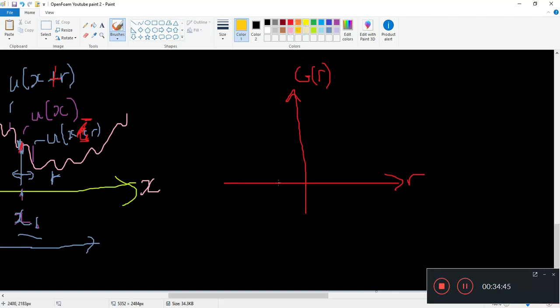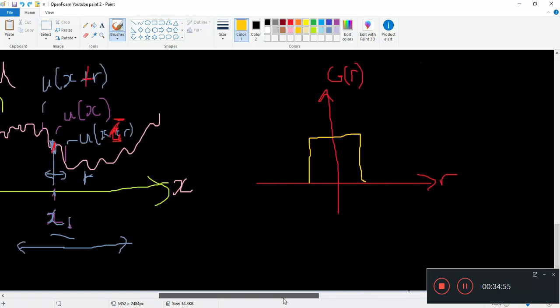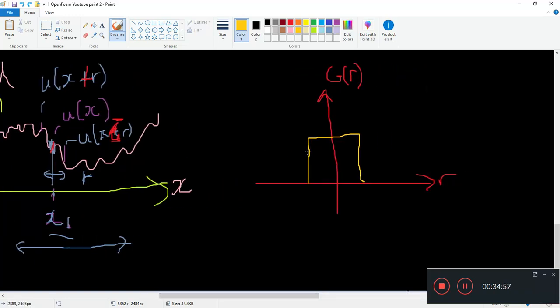If I have a simple box kind of a case, g of r versus r is like that, and you have the area. Okay, g of r is like some weighting factor, remember? So g of r you can sort of consider like a PDF, probability density function of some sort. Okay, so this is a simple average kind of a shape.